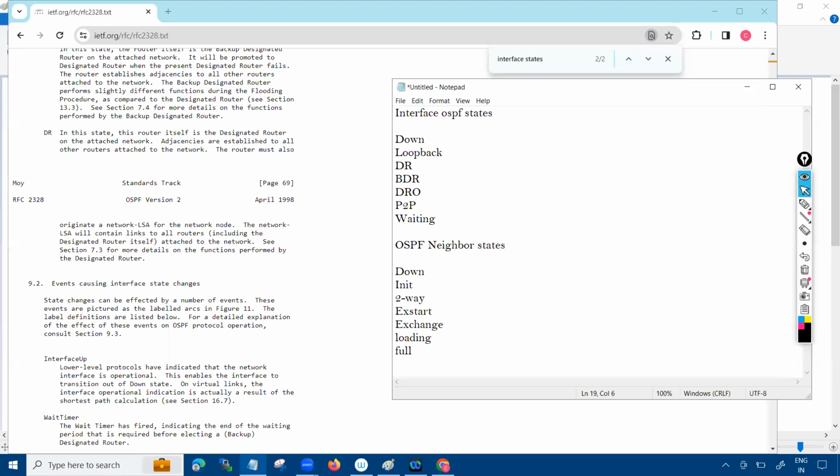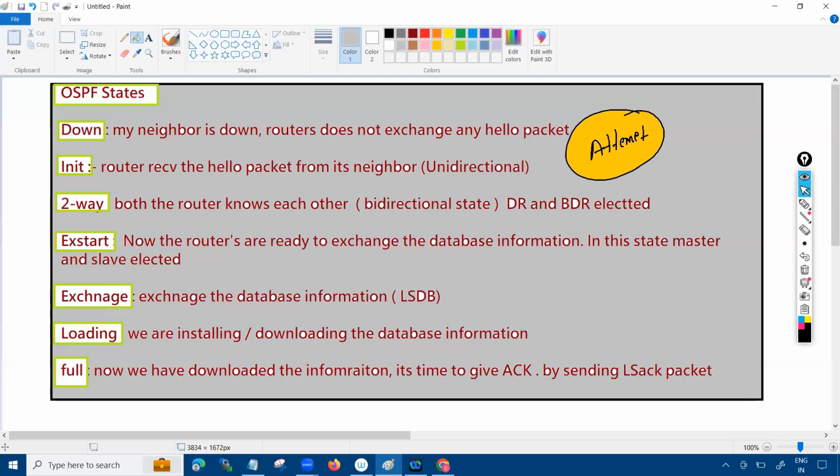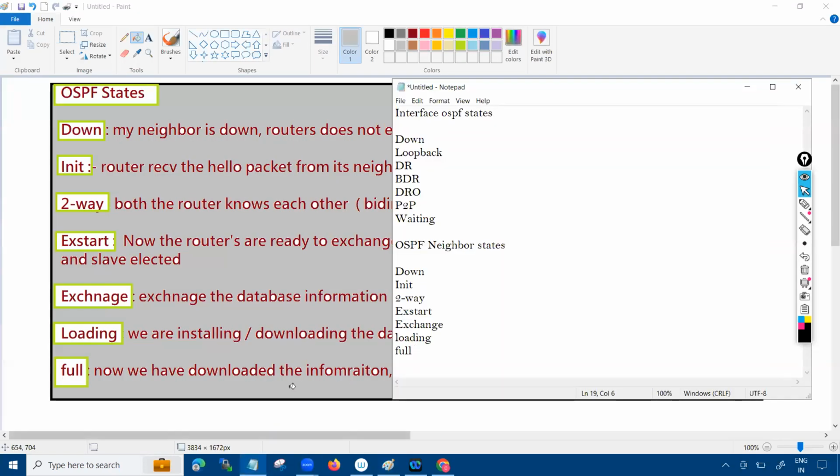So these are basically the OSPF neighbor states. Don't confuse the names. It's totally different from this one. It's a neighbor state, and that's an interface state.